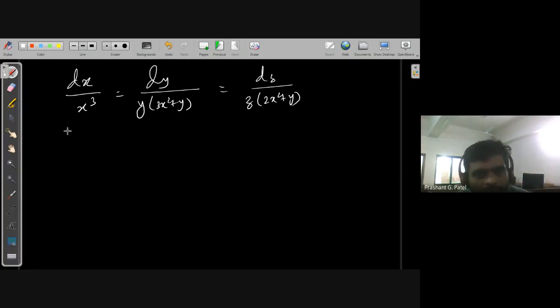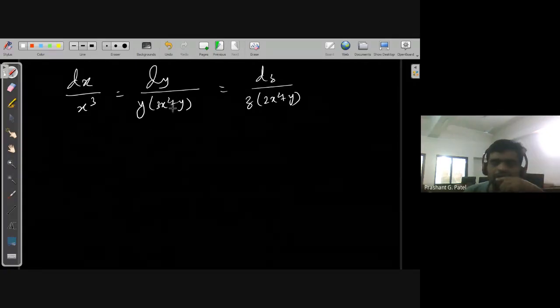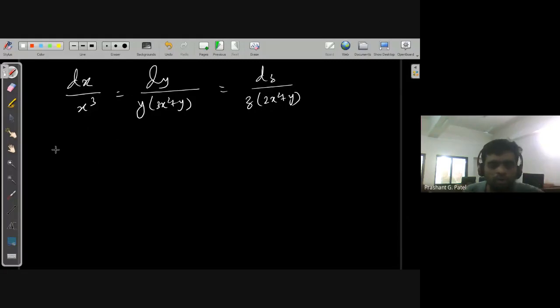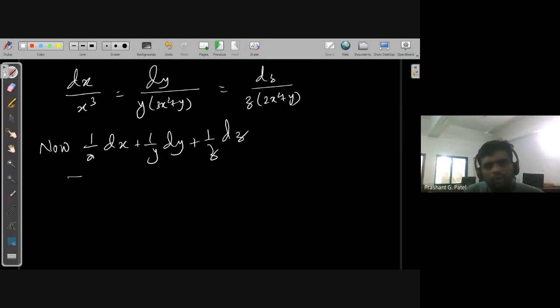Now just observe something here. 3x square is here, 2x square will be here, x square is there if I go. So if I do 1 upon x dx plus 1 upon y dy plus 1 upon z dz, what will we get? It is x square, so I need to cancel out something. So I take minus here and the minus sign also here.